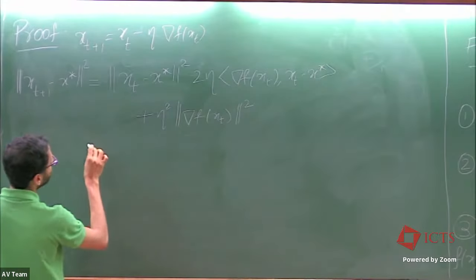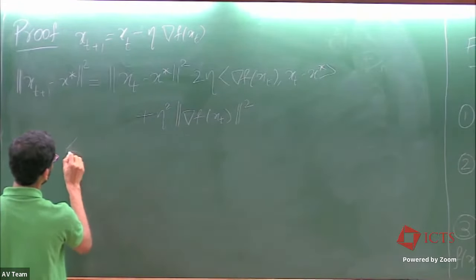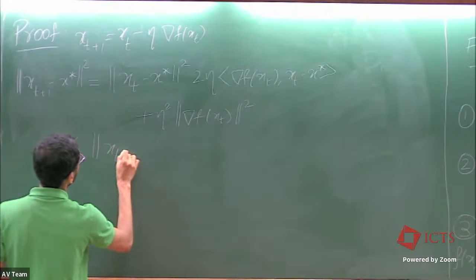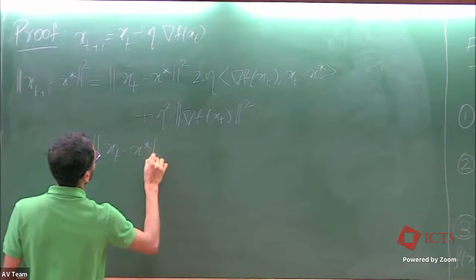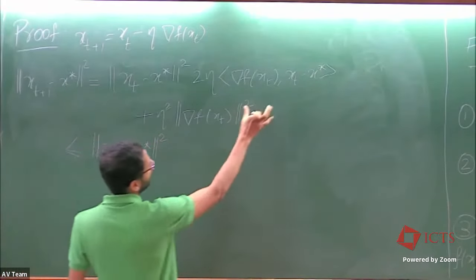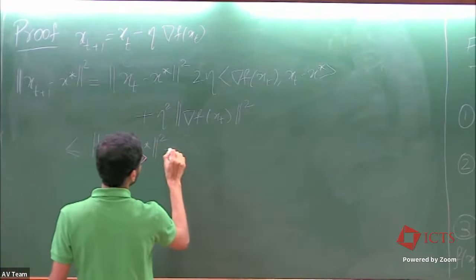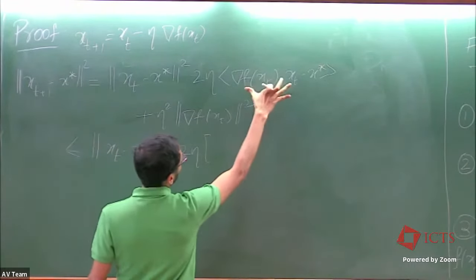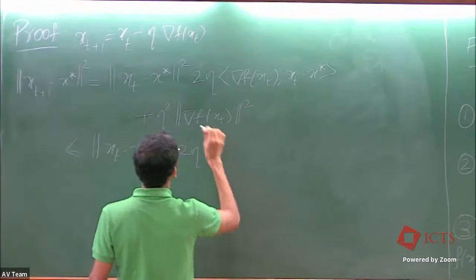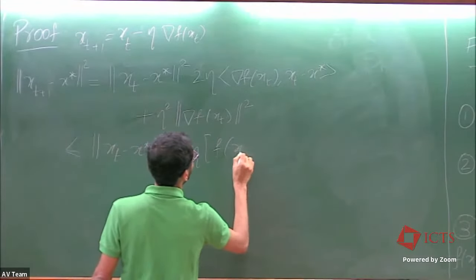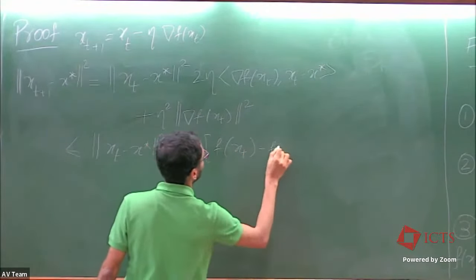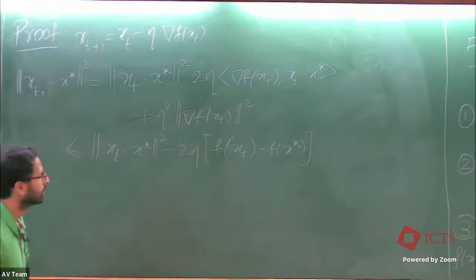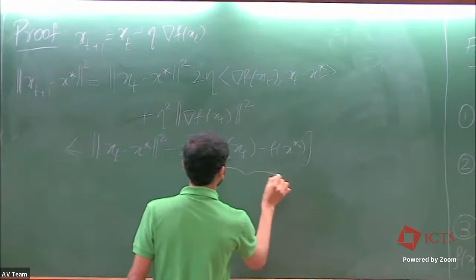And we now use both the assumptions that we had. So I have put a less than or equal to here. The first term I'll just use as is. The second term, by the convexity assumption, we can show that this gradient part itself is greater than or equal to, and so this is less than or equal to. So this is because of convexity.